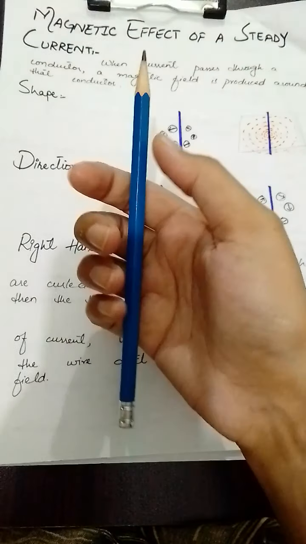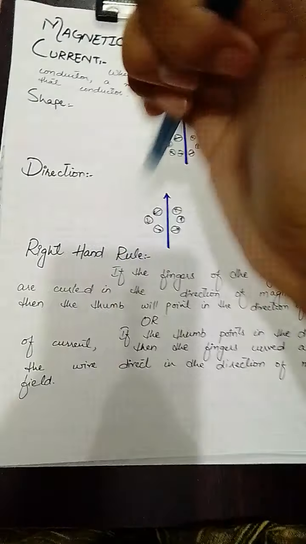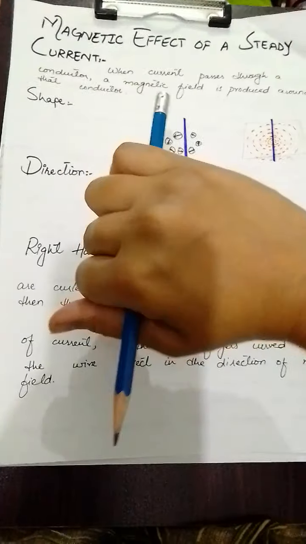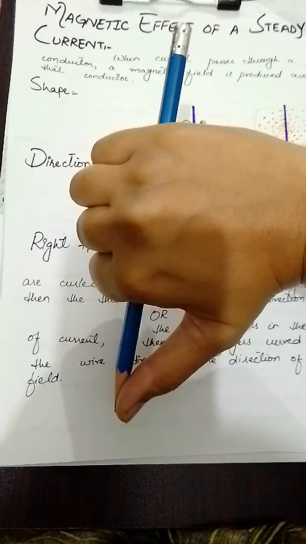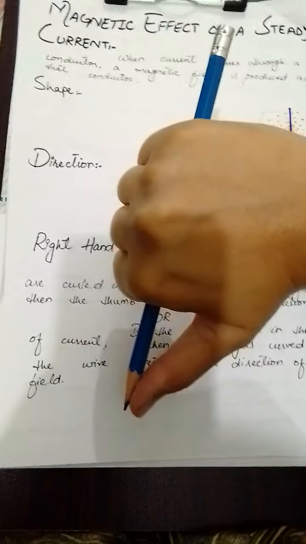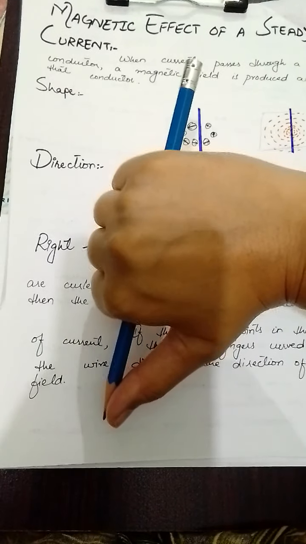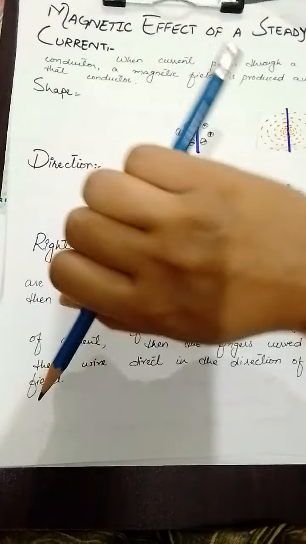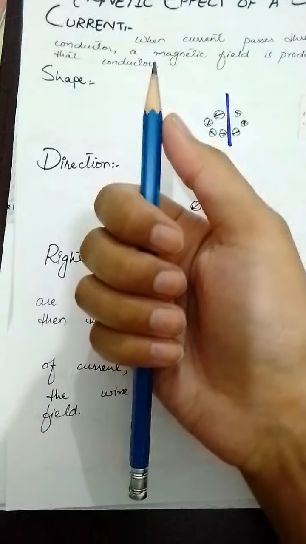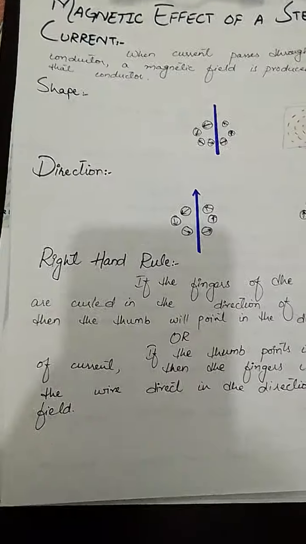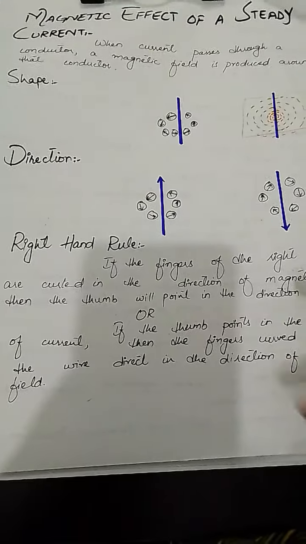Now taking the opposite case, when the current is pointing downwards, my thumb points downwards along with this wire, and the curl of my fingers points in the opposite direction from the previous one. So the direction would be reversed, of course.